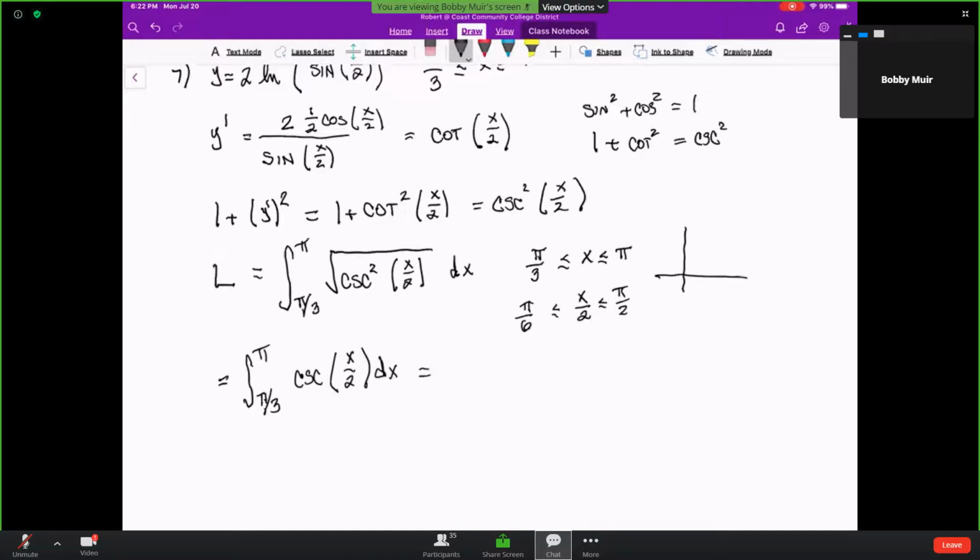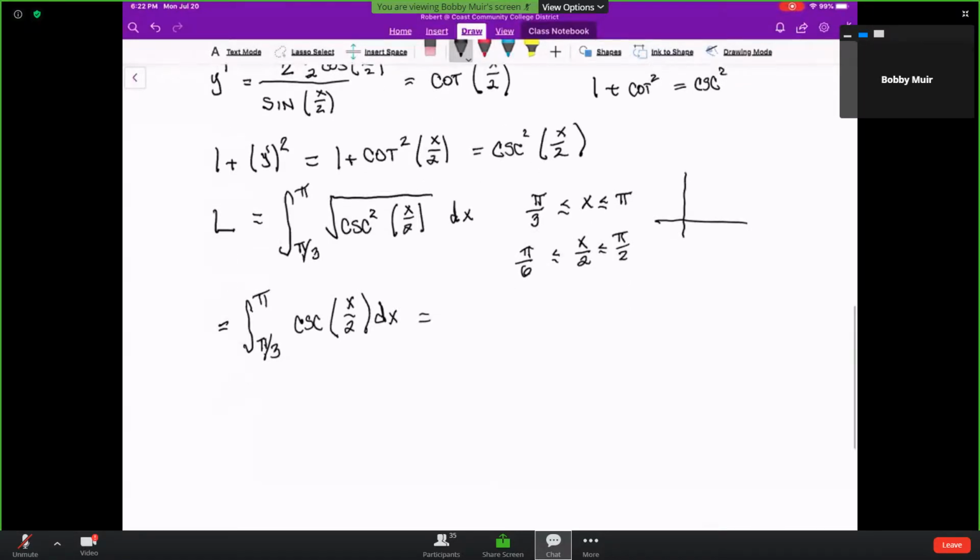Okay, now the antiderivative of this: I'm going to let u be x over 2. This is exactly what I did when I made the key, because I don't like making mistakes.